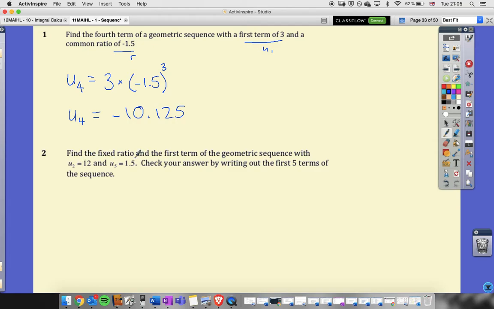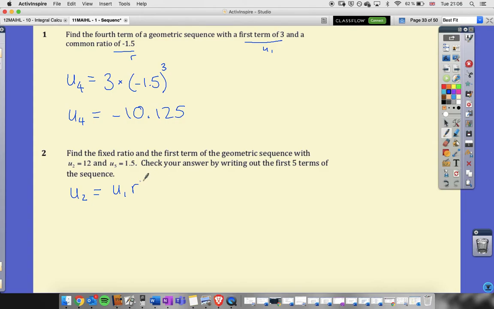Find the fixed ratio and the first term of the geometric sequence where u2 is 12 and u5 is 1.5. Then check your answer by writing out the first 5 terms. Okay, a little bit trickier, and there's a bit of a trick to this actually. The second term, u2, would have been found by taking u1 and multiplying it by r to the power of n minus 1.